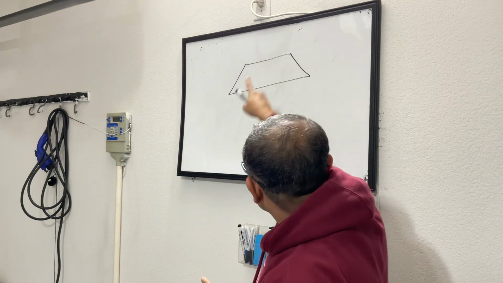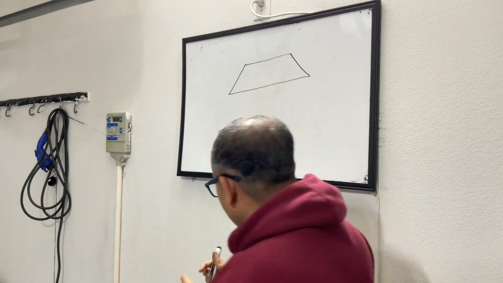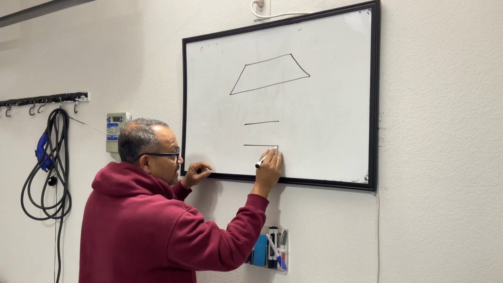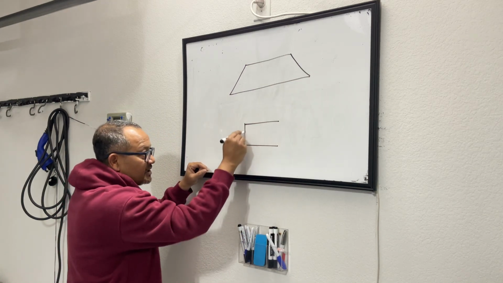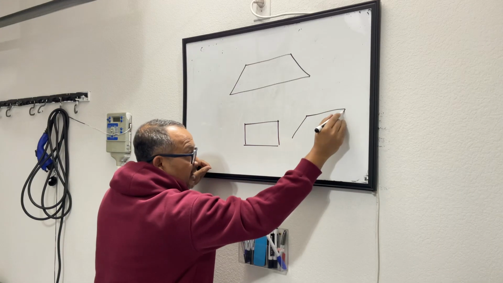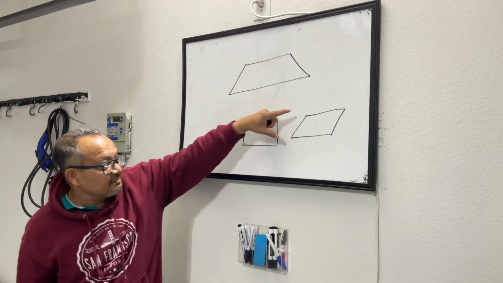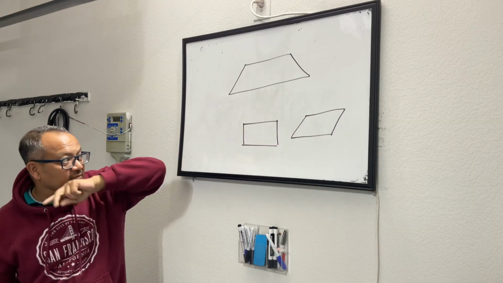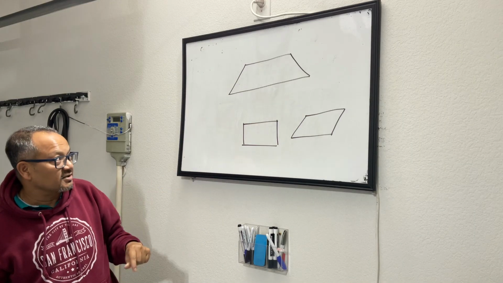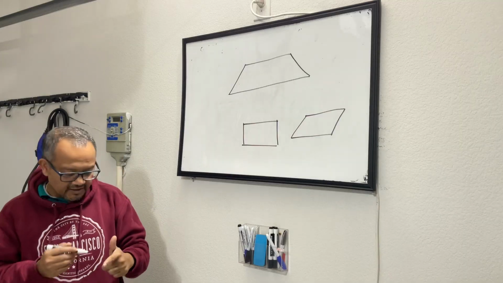So only these two sides are parallel and not of the same length, because if they are parallel and of same length, you will end up having either a rectangle or a parallelogram. And we are not talking about these two shapes right now. That's the basic definition. So if they become parallel and equal, trapezoid is killed.